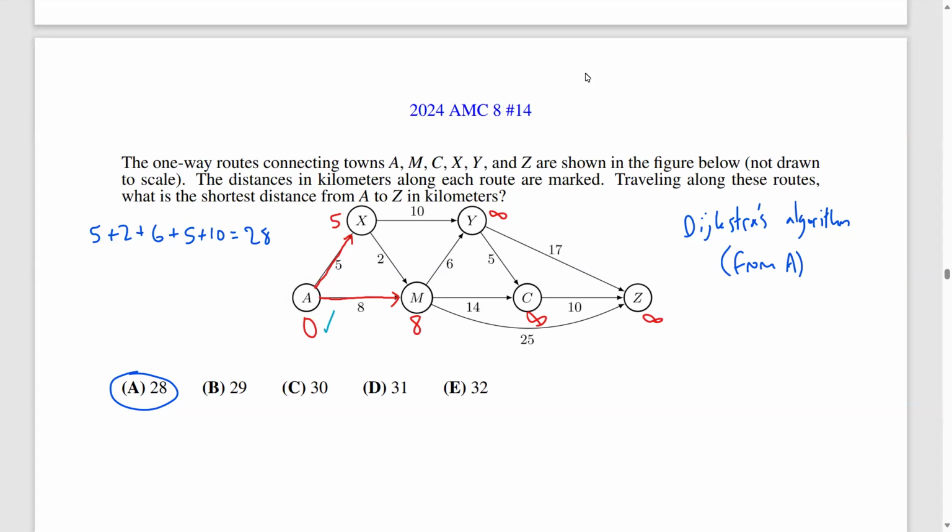Now we look at town X because X has the shortest distance from A, and we look at the two edges going outward from X, which are the 10 and 2 edges.